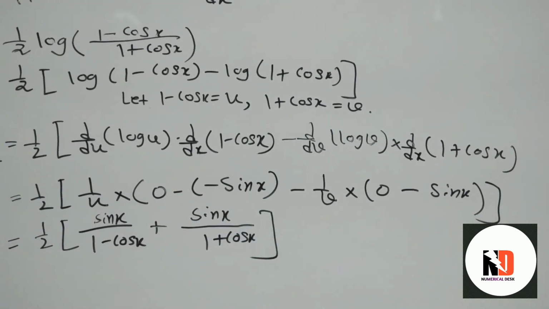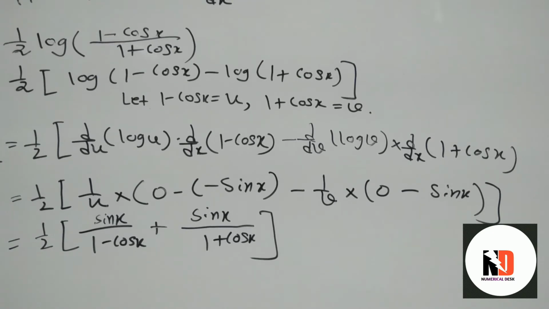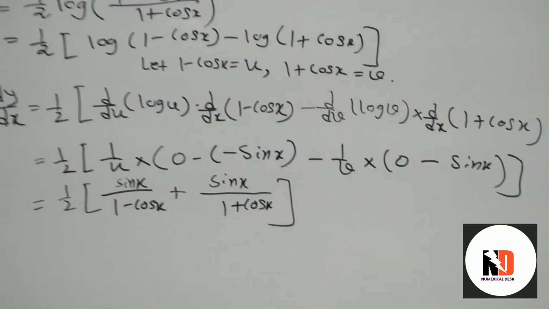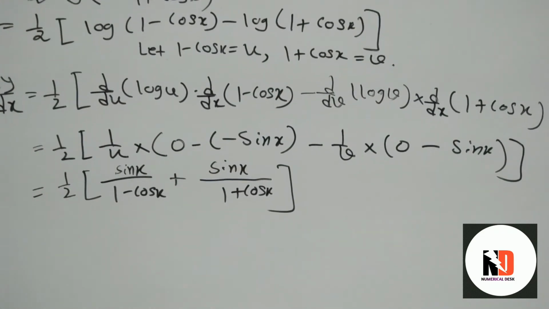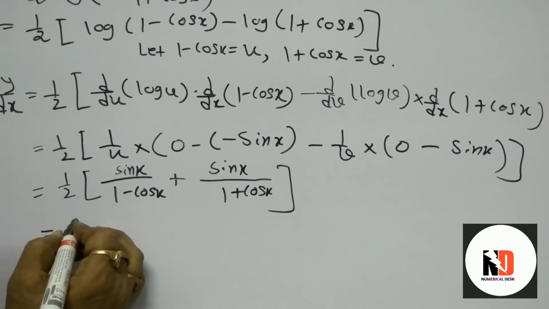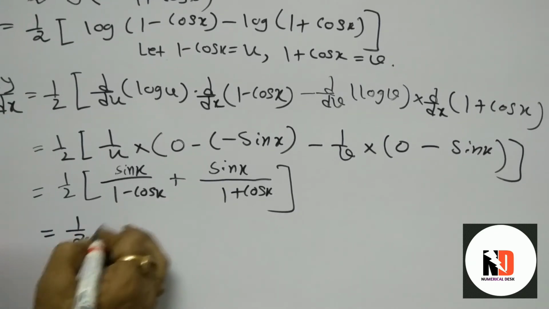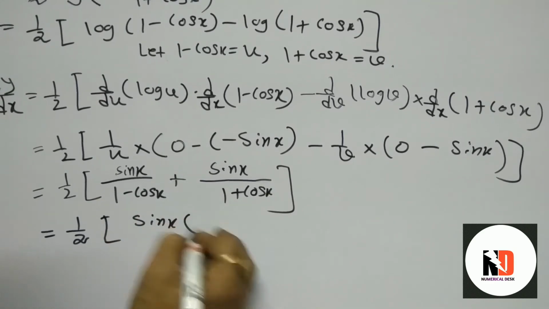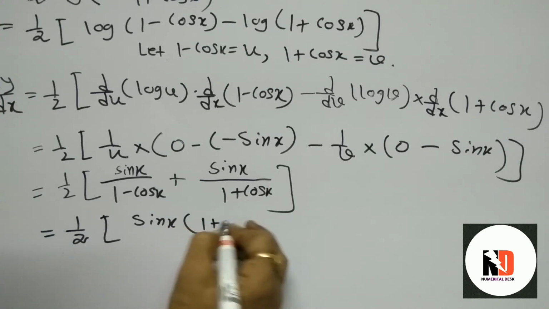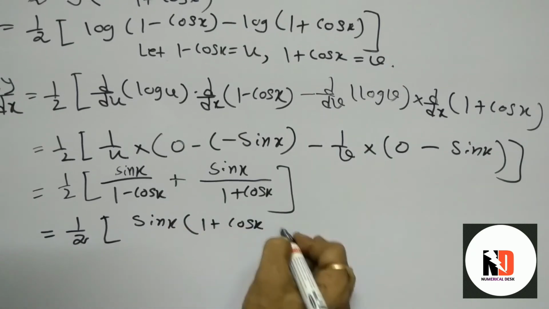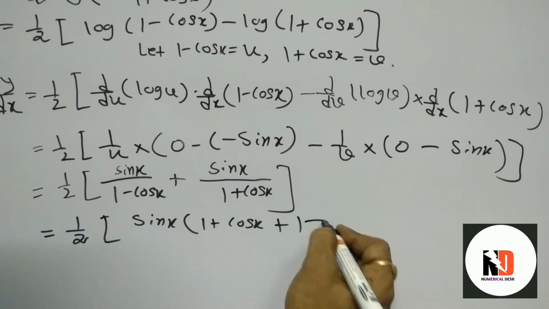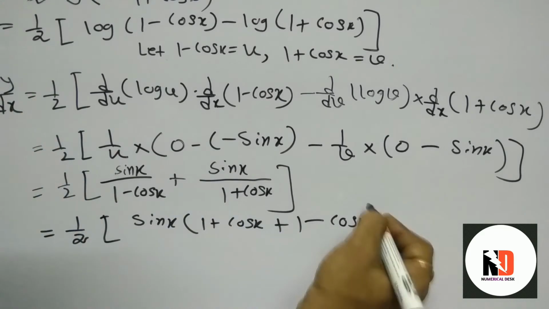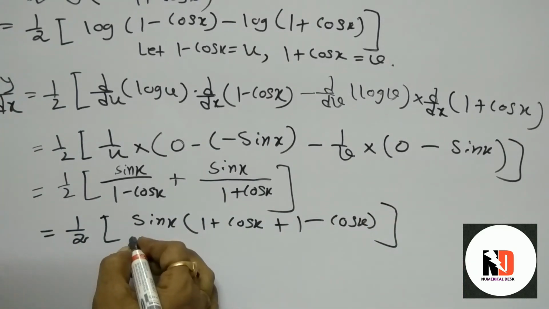Now see what is going on. Next we take the half outside and take sin x common, writing 1 over 1 minus cos x plus 1 over 1 plus cos x, taking the LCM of the denominators of both terms.